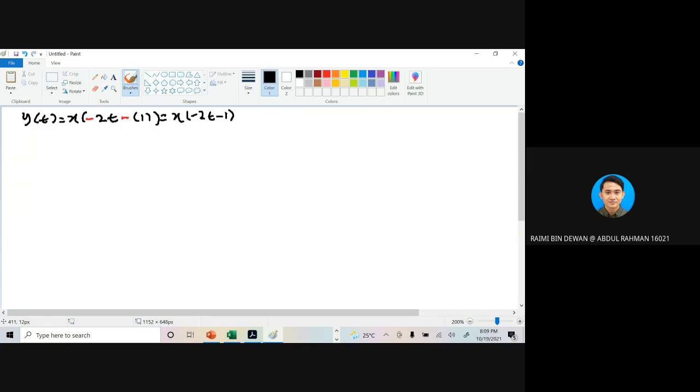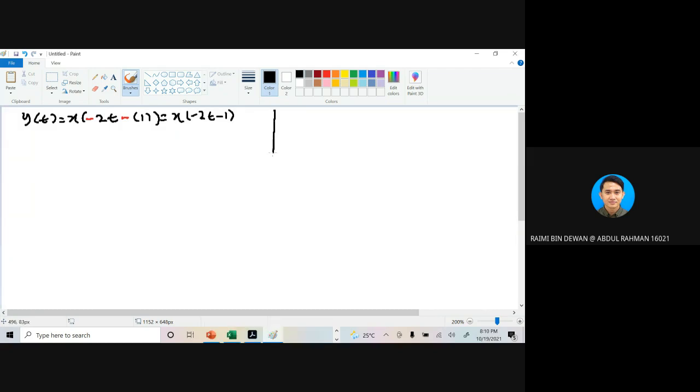So the example says plot y(t) equals x(negative 2t minus 1) by using method 3, and they give us the initial graph, which is the same as what we used for our exercise just now. Let me draw our graph first.